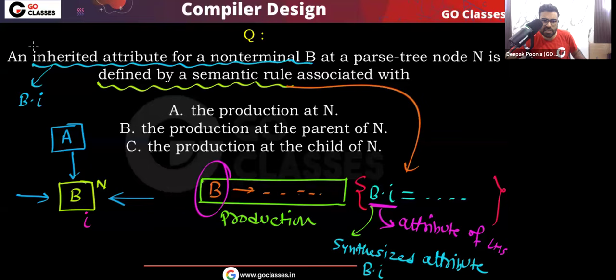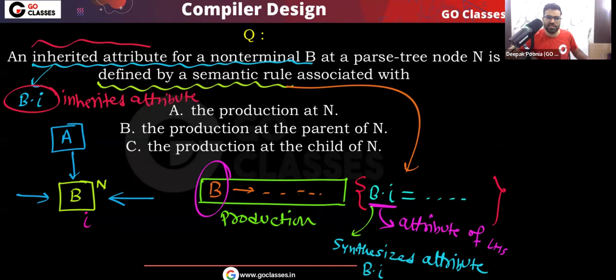And the question is saying this B dot I is an inherited attribute. And if you put this B on the LHS, then this B dot I will become a synthesized attribute. I told you one thing, that for a non-terminal, any attribute will be either synthesized or inherited, but not both.